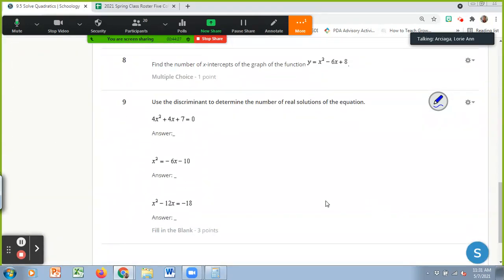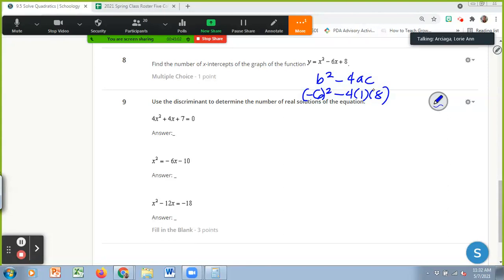Okay, so let's go to the last one because we did it anyway. So use of discriminant. Oh, number 8. I'm sorry, I skipped number 8. Find the number of x intercepts of the function. So you have to use your formula b squared minus 4ac. Your b is the middle one, so negative 6 squared, that's 36, right? Minus 4 times your a, the very first number, which is 1, and c is 8.